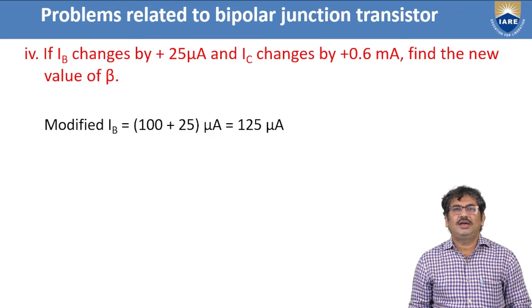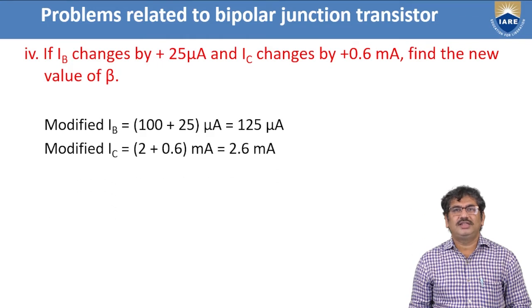Then the modified collector current IC, earlier 2 milliamperes, is now increased by 0.6 milliamperes. So the new modified IC is 2 plus 0.6 milliamperes, which will give us 2.6 milliamperes.